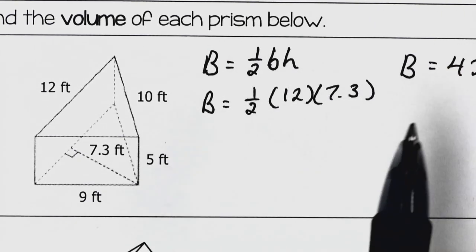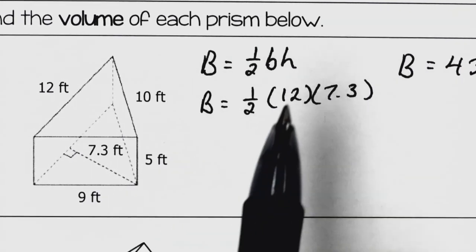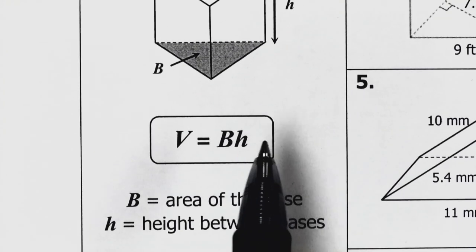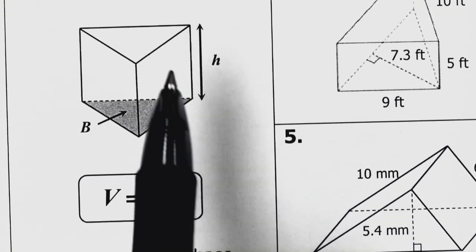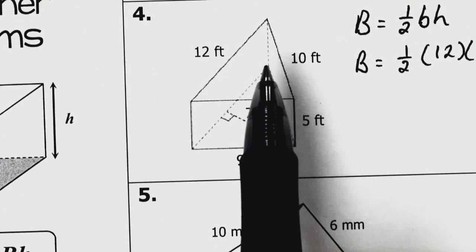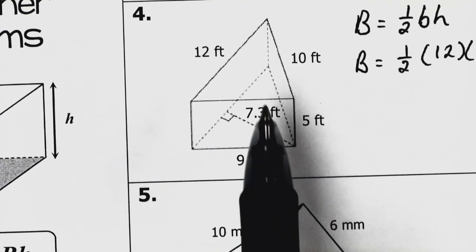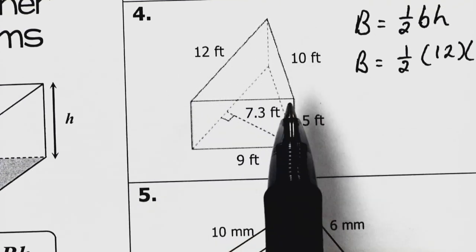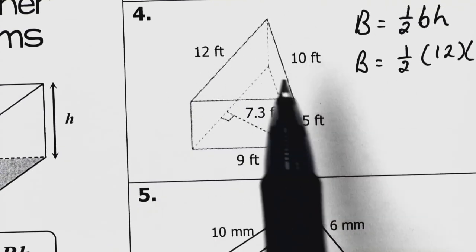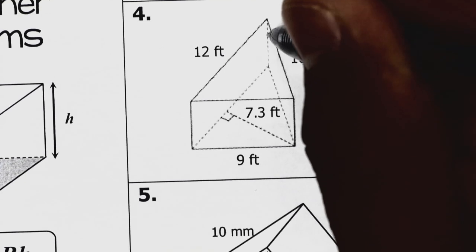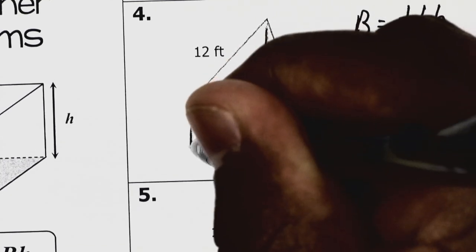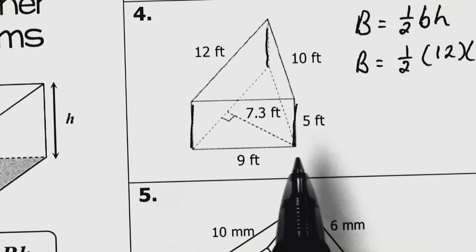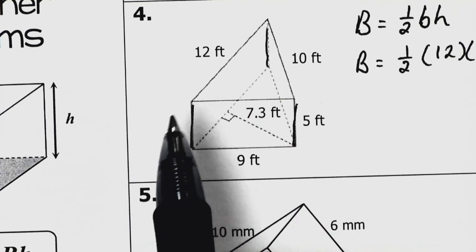Big B is 43.8. All right, next we want the height. Now the height is the distance between the two triangles. So this triangle right here, and then this back triangle right here. The distance between them are these lines right here. This line, and this line. All three of these lines are 5.